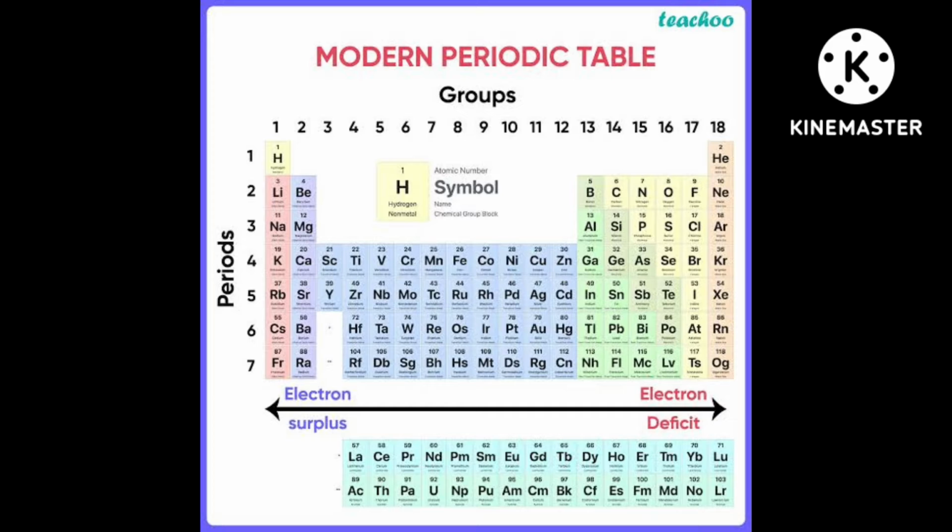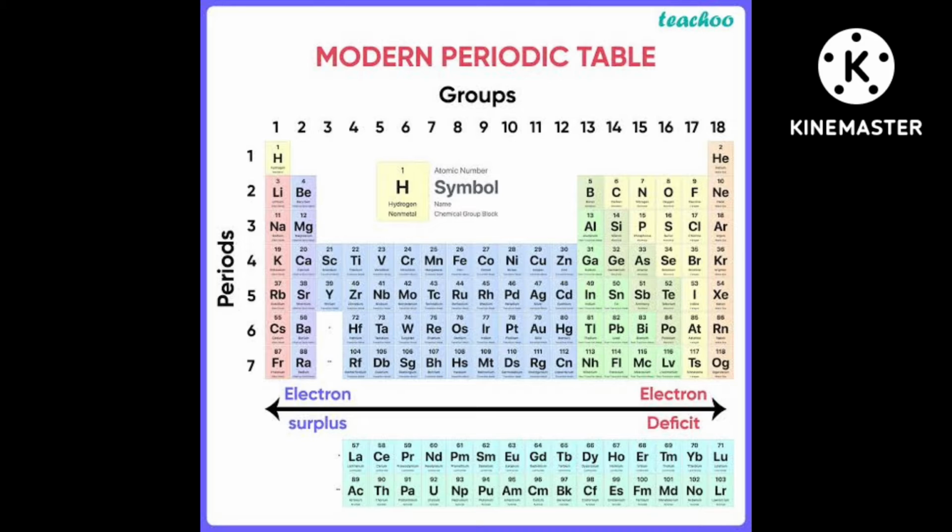In the place of atomic weight, atomic number has been considered. And who modified it? The chemist's name is Henry Moseley. Mendeleev's periodic law was modified by Henry Moseley.